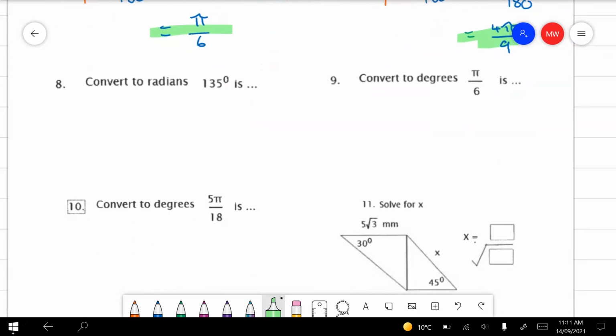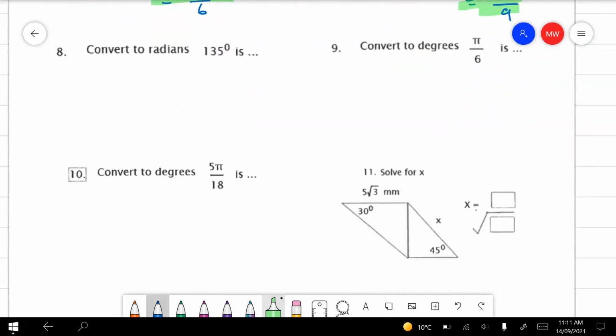Okay, question 8. Degrees to radians. This time I've got 135 degrees. Same process, multiplying by pi over 180. Make this a fraction. Top times top, 135 pi. Bottom times bottom over 180.